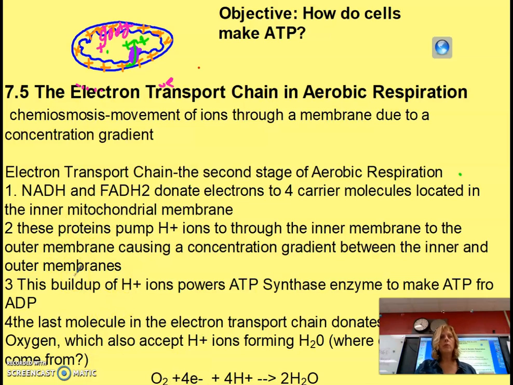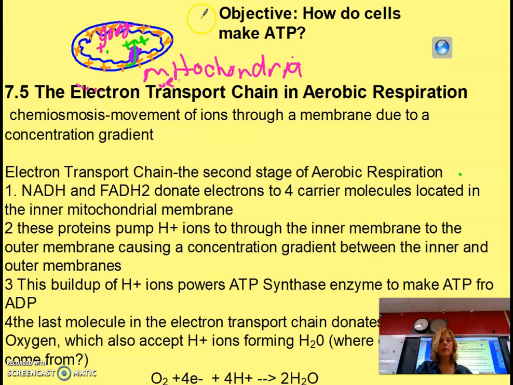Step 2, these pump those hydrogen ions to cause this buildup of concentration between the inner and outer membrane of the mitochondria. It is not beautiful. I know you all suffer because of it.